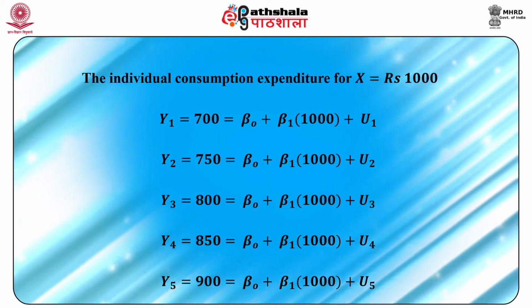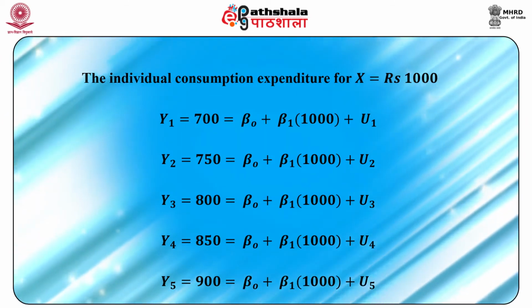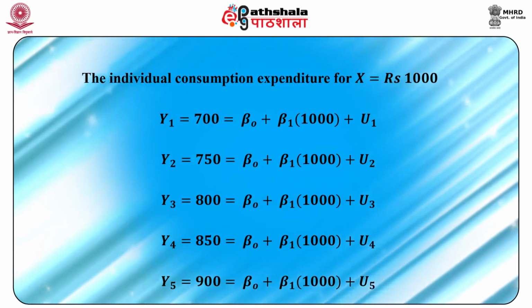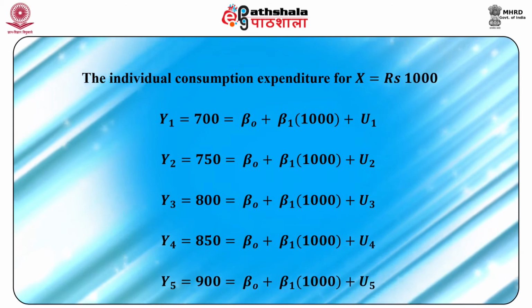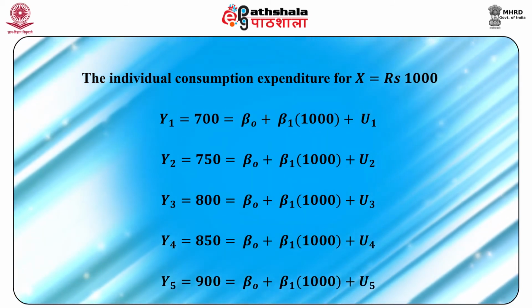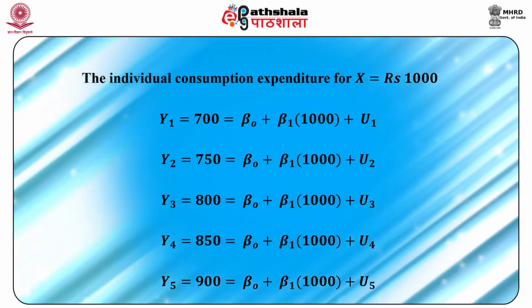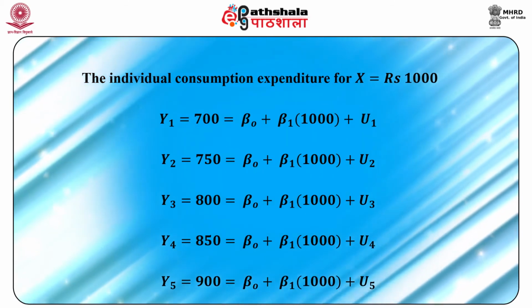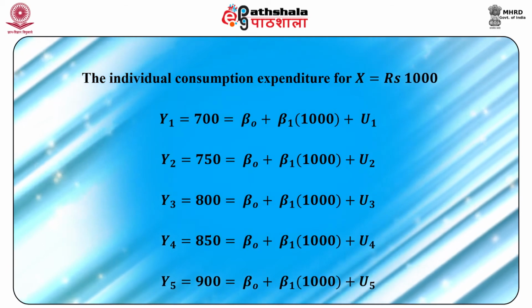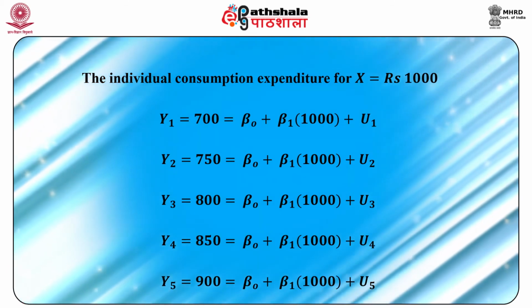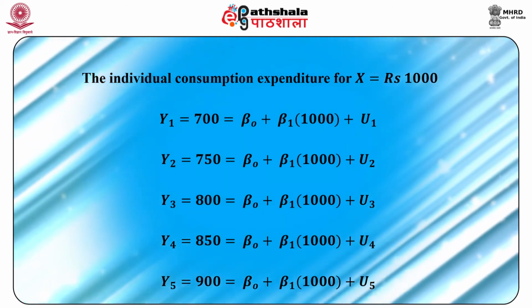Similarly, we can write down the value of y2 equal to 750 is equal to beta 0 plus beta 1 into 1000 plus mu 2 and so on. Now, all these values therefore can be written as a function of beta 0 plus beta 1 into the income level 1000 plus some kind of a random value.